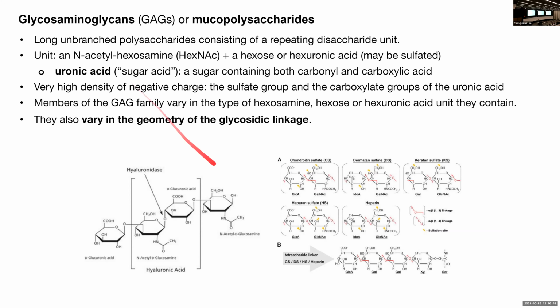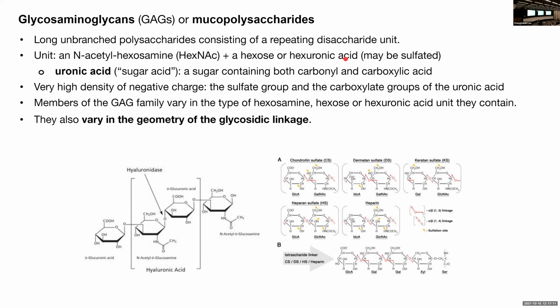And when you look at its structure, it has a hexosamine, or the N-acetylhexosamine, which you can see the structure here. And the other one within this disaccharide unit will be either a hexose or hexuronic acid.